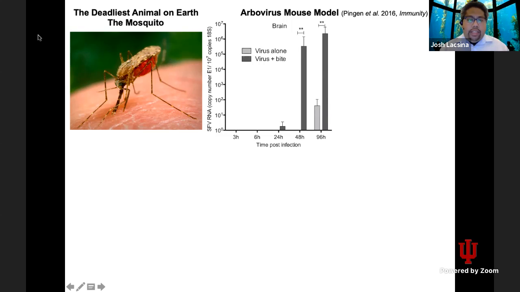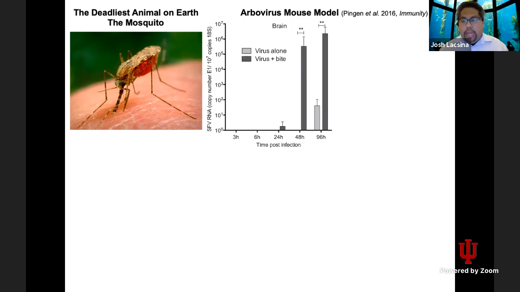And first, what the investigators found is that the ability of the virus to enter the central nervous system, a privileged site, the brain, was dramatically enhanced by over 6 orders of magnitude simply by the presence of the mosquito bite, as opposed to the virus delivered by the needle alone. So this is a dramatic effect.